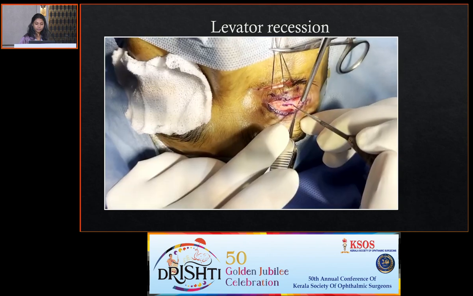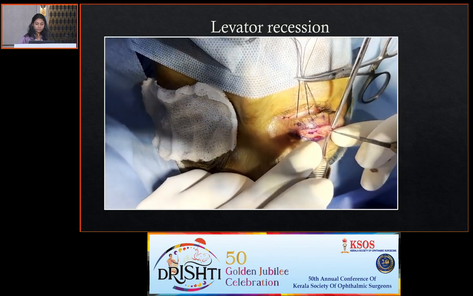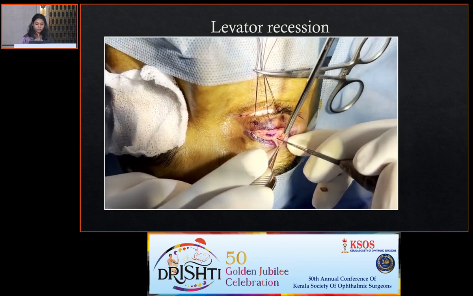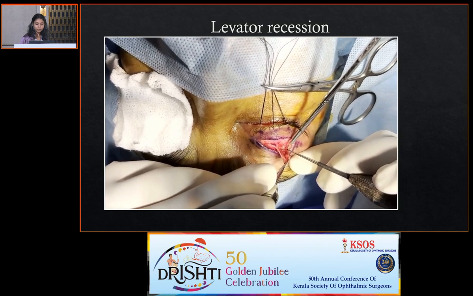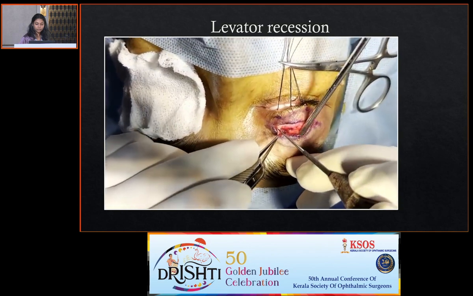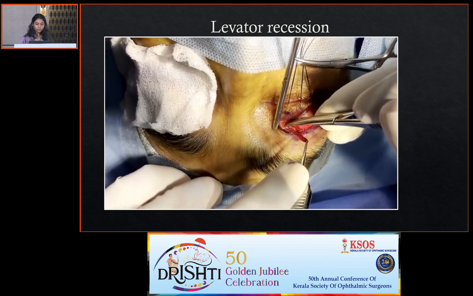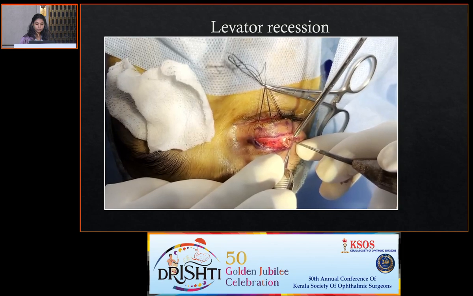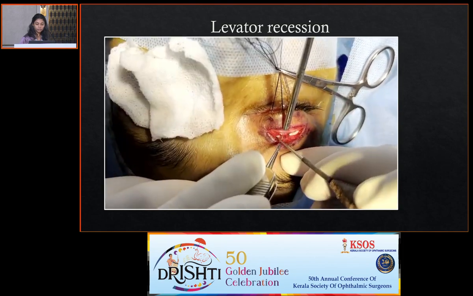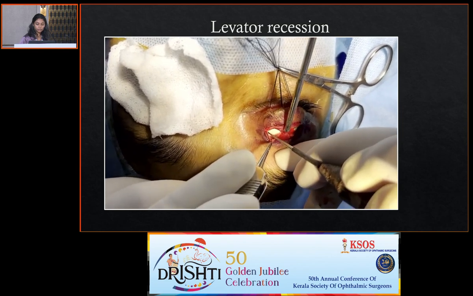The levator muscle is separated from underlying conjunctiva, leaving a central 5 mm area still attached to upper border of tarsus. Separated muscle is excised. Be careful to completely remove the medial and lateral horn of the levator for optimal result. Underlying conjunctiva is also incised if proceeding with a full thickness blepharotomy. Only skin and orbicularis are closed in layers.